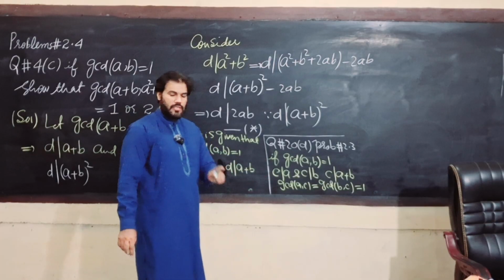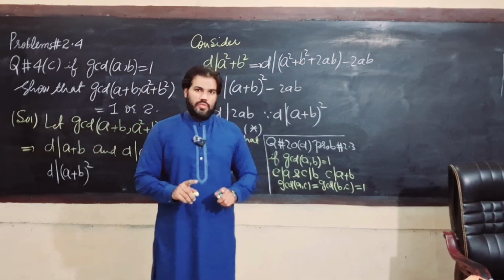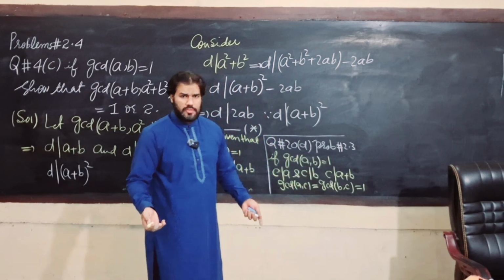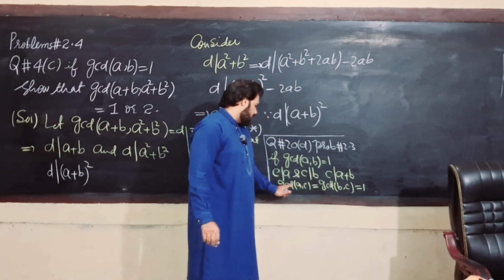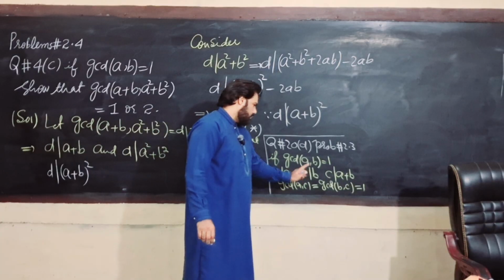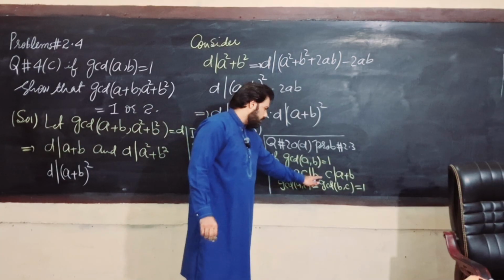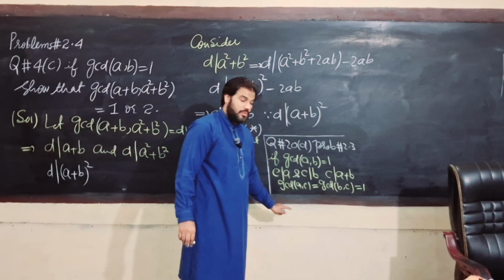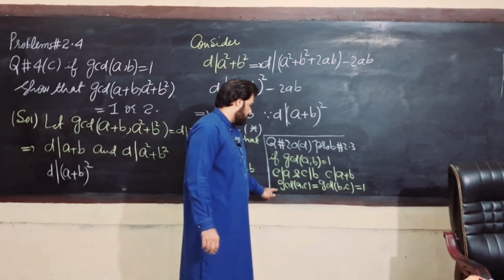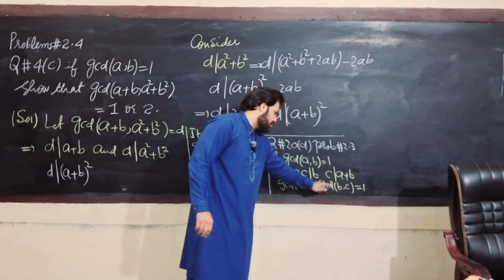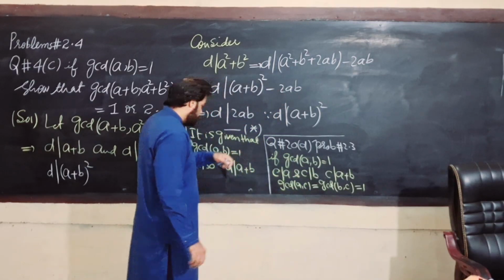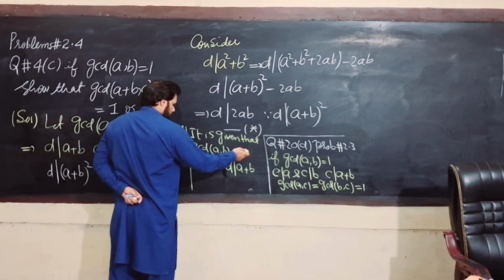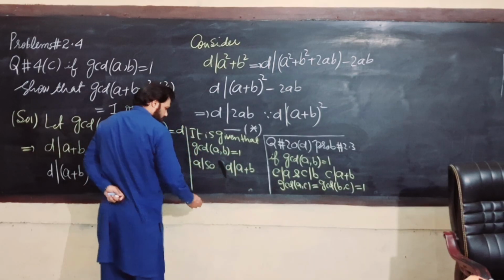This property says that if two numbers have their GCD equal to 1, and there is a common divisor, and that common divisor divides the sum of both numbers, then the GCD of A with C and the GCD of B with C are equal to 1. Here, GCD of A and B is equal to 1 and D divides the sum of both numbers.